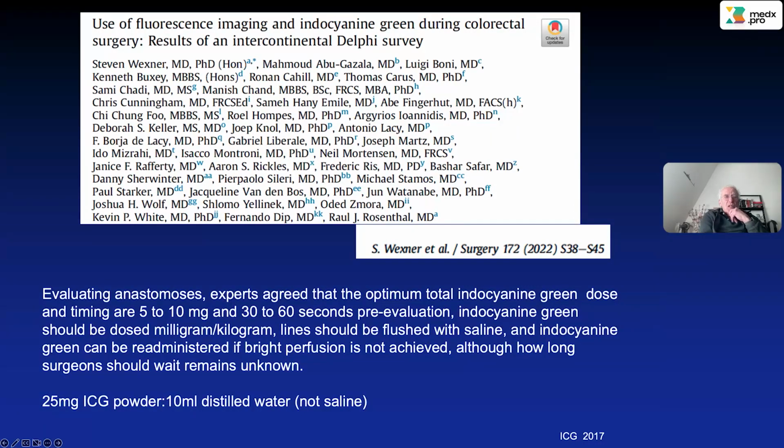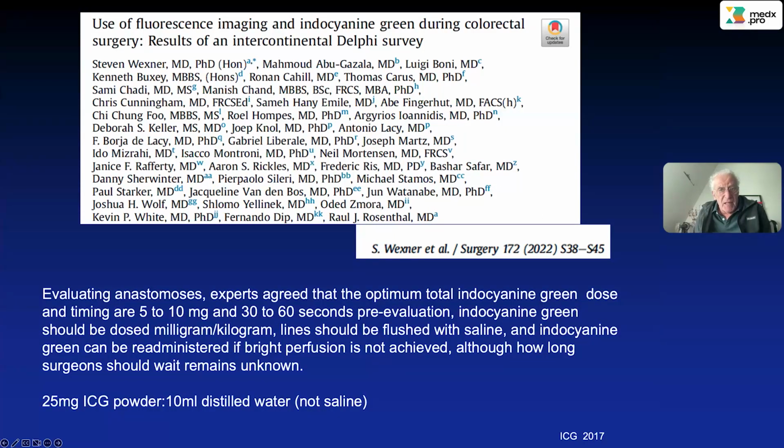And the consensus was it was between 5 and 10 milligrams of ICG, and 30 to 60 seconds before you try to see them. You need at least a minute in order to have a full visualization.